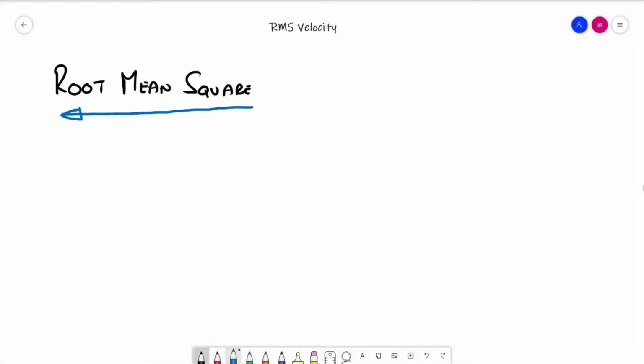So in other words, if we've got a set of values, we're going to square them first, then we're going to take the mean, and then we're going to take the square root. So if we've got a load of different speeds, V1, V2, V3, V4, etc., up to Vn, where n, of course, represents the number of molecules.